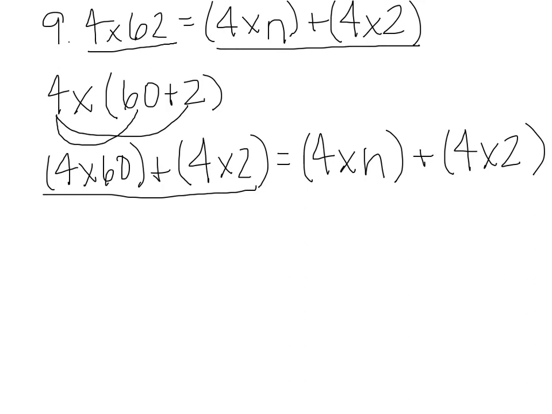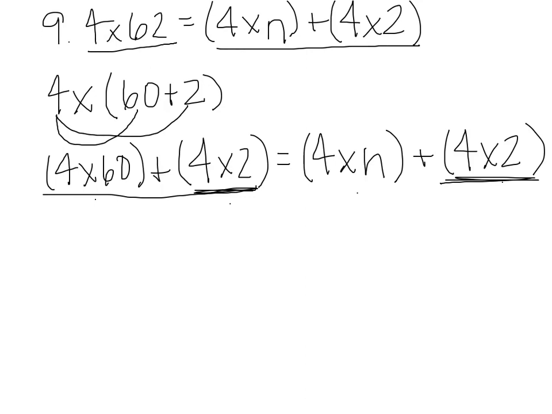So if I look down the line, from left to right on both of these, I see that I have two sets of parentheses on both sides. I have one that says 4 times 60, and I have one that says 4 times n. Well, those don't match. But I have the second one that says 4 times 2 over here on the left, and one over here that says 4 times 2 on the right. So those two are equal.